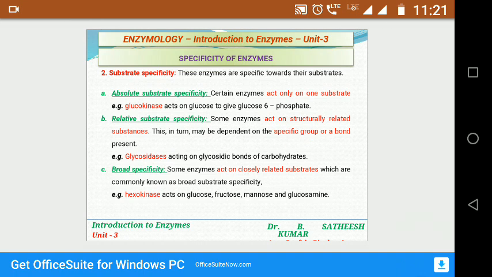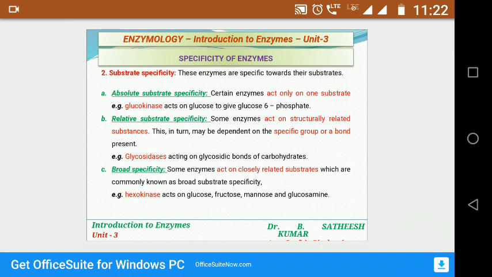One particular enzyme recognizes only that substrate, not the other substrates or any other similar substrates. So here the example is glucokinase. Glucokinase strictly converts glucose to glucose 6 phosphate. It does not catalyze or bind any other substrate which is similar in structure to glucose.